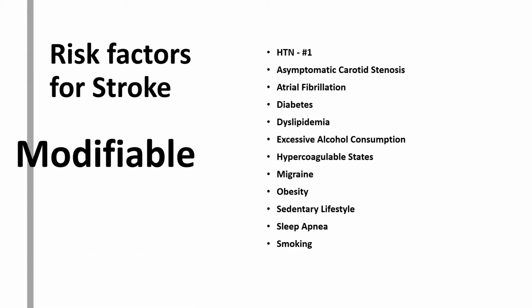They are hypertension, which is our #1 cause of stroke, carotid stenosis, atrial fibrillation, diabetes, dyslipidemia, excessive alcohol consumption, hypercoagulable states, migraines, obesity, sedentary lifestyle, obstructive sleep apnea, and smoking. And what's common about all of these risk factors is that they are modifiable. And we'll discuss how you can modify those risks during lecture.